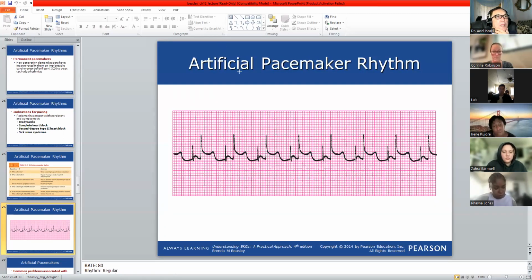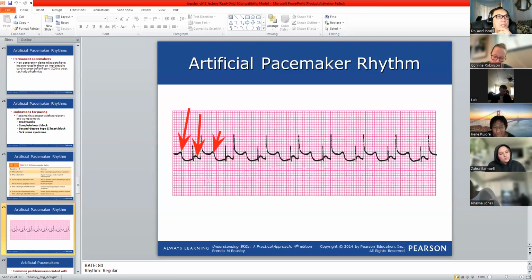This is the T wave from the previous contraction. This is the P wave. This is the QRS.